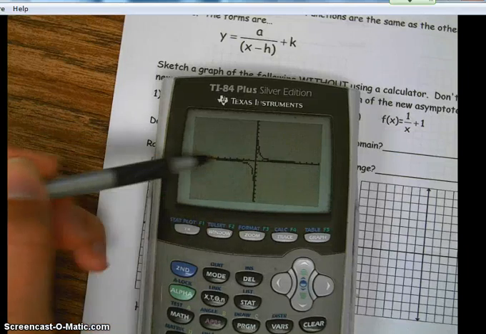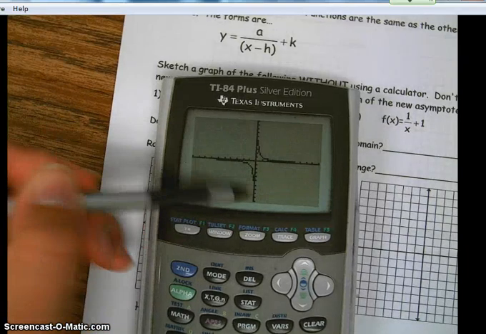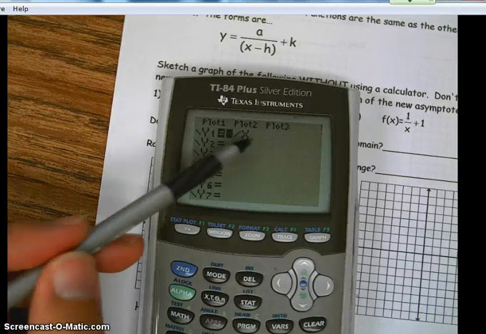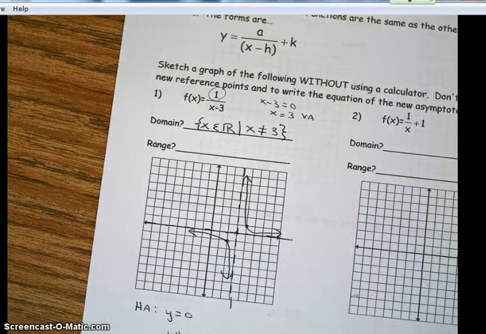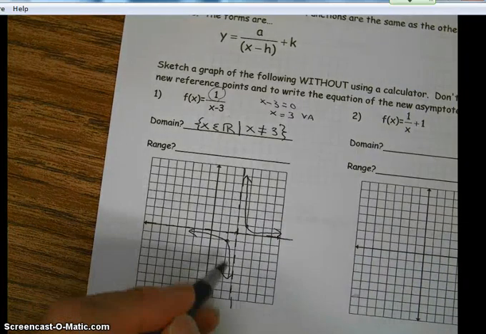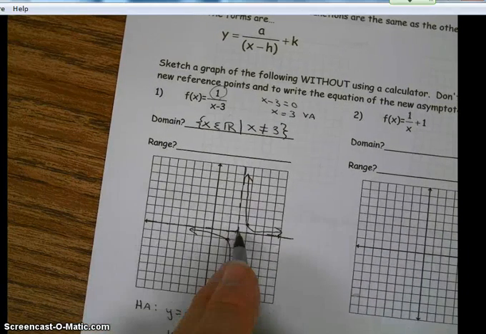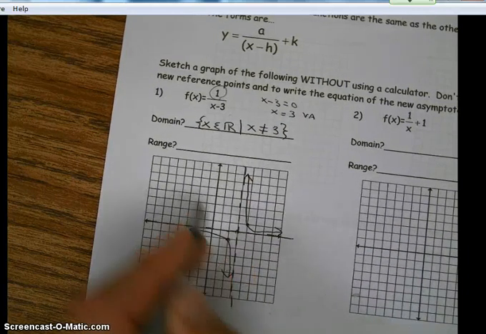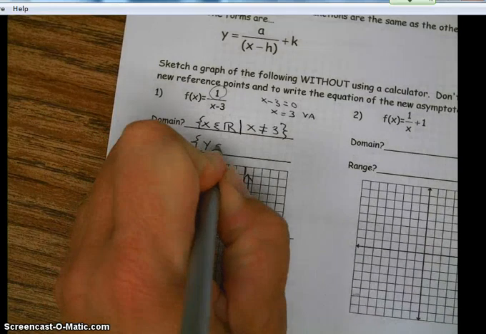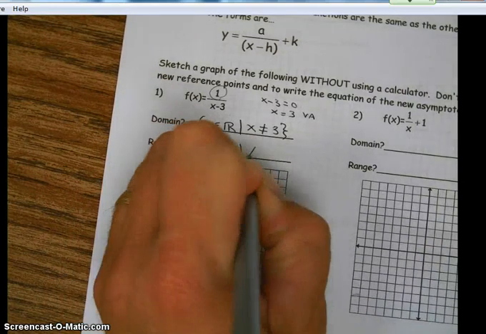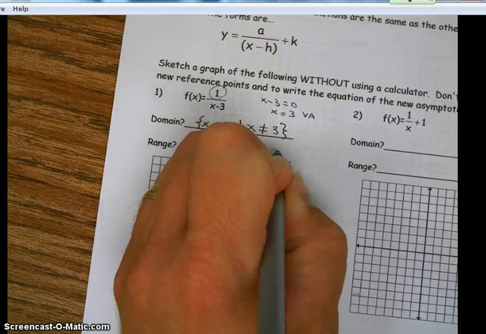Here's our horizontal asymptote. Here's our vertical asymptote. h is 0, k is 0. Range. So notice it goes down infinitely and up infinitely, but it doesn't go through 0. So range, similar to x, we're going to say y is an element of all real numbers such that y does not equal 0.